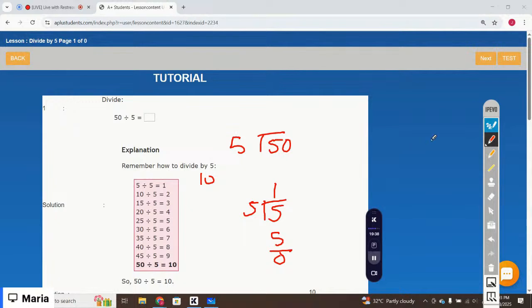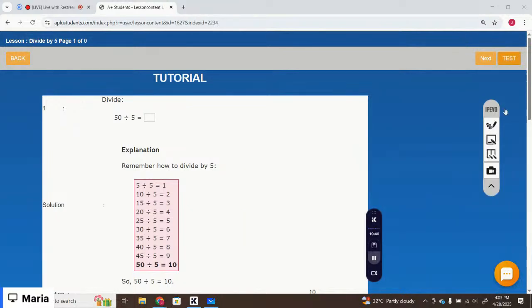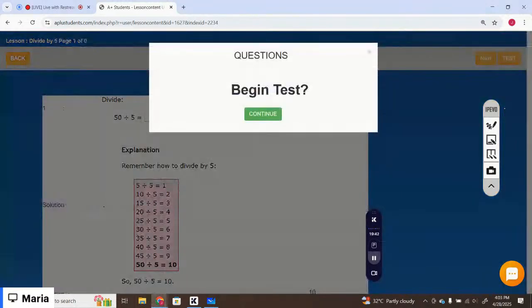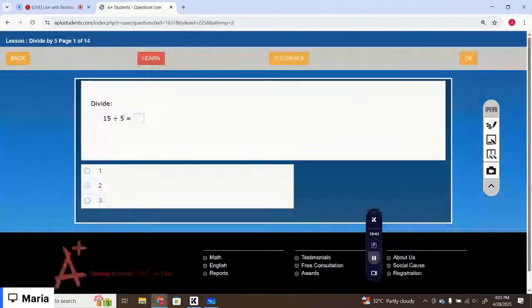Let's just start with the test questions. Fifteen divided by 5. So now you need to count the table of 5 until you have the answer 15.